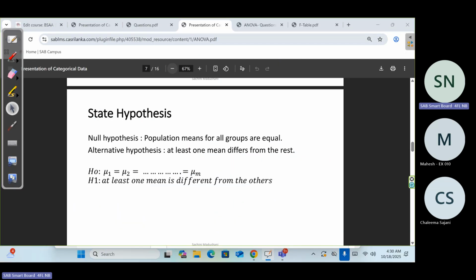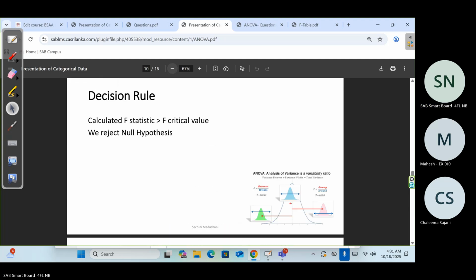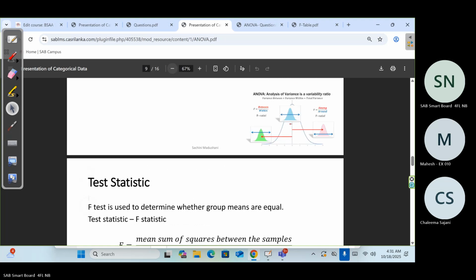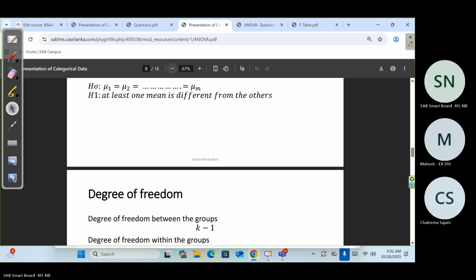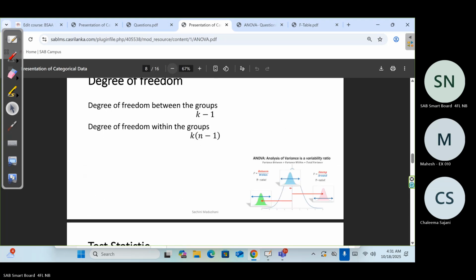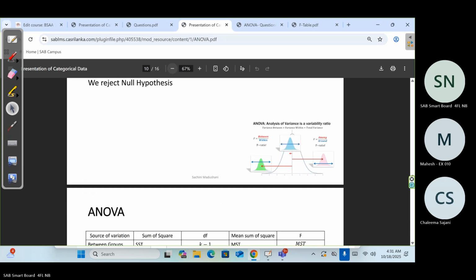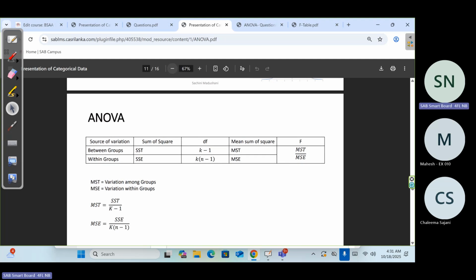Here we refer to the ANOVA table. This is the structure of the ANOVA table. Then here in the ANOVA test we use 2 sources, within groups and between groups.